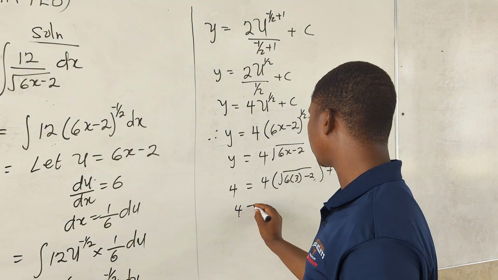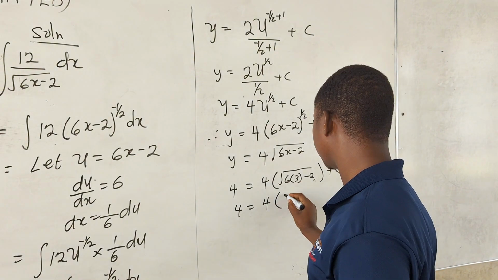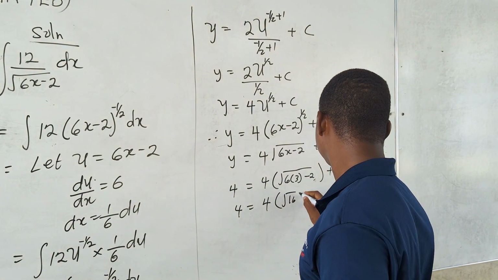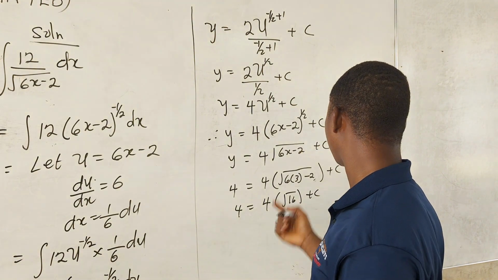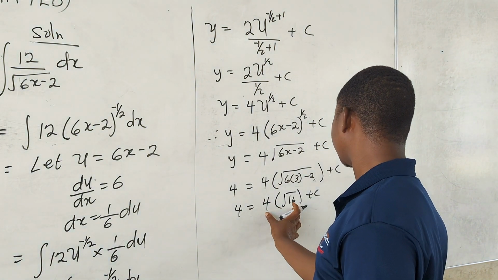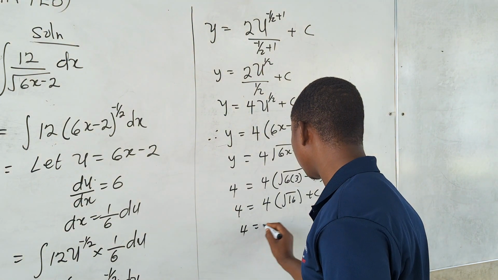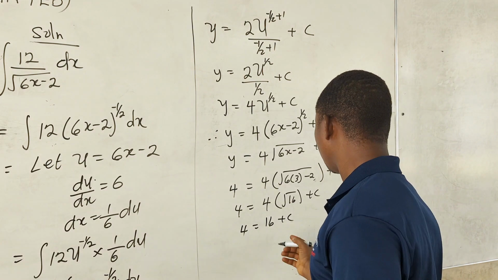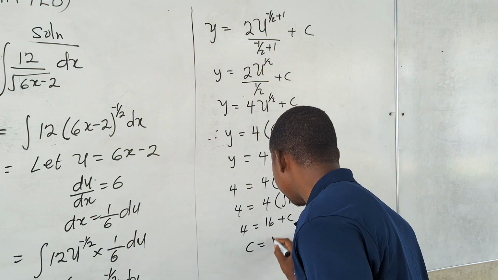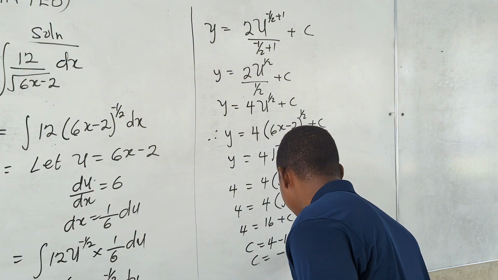So 4 is equal to 4 into bracket 18 minus 2, which gives 16, plus c. The root of 16 is 4, and 4 times 4 gives us 16. So we have 4 is equal to 16 plus c. So c is 4 minus 16, and c gives us negative 12.